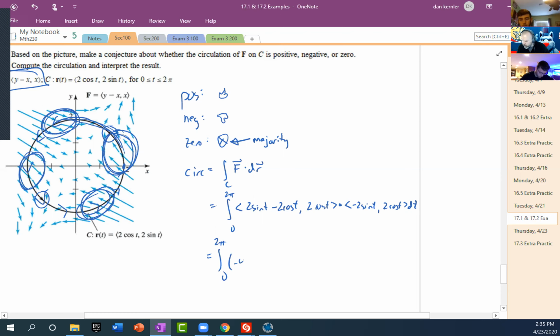Multiply: negative 4 sine squared t plus 4 cosine t sine t. It's a little awkward to multiply those together. I think that looks good. Negative 4 sine squared plus, yep, okay. And then plus 4 cosine squared t. Oh no. dt.